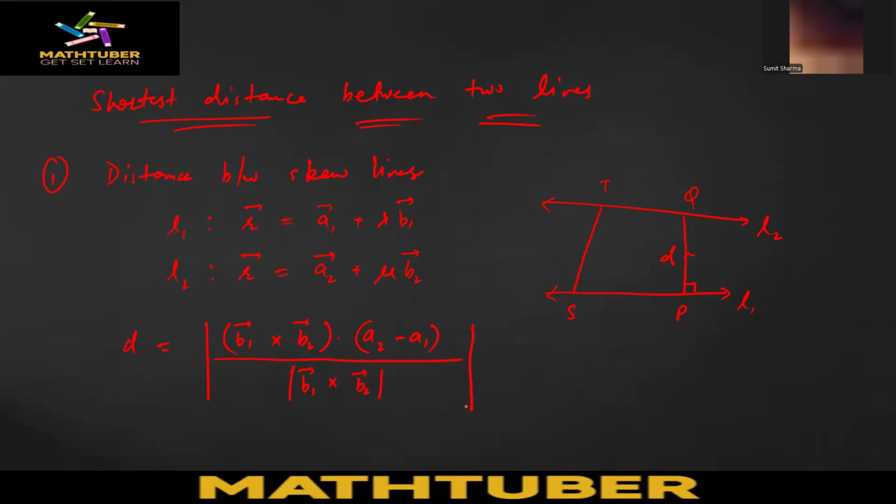Because the distance cannot be negative, we have to take the modulus at the end. So this is the vector form of the equation.